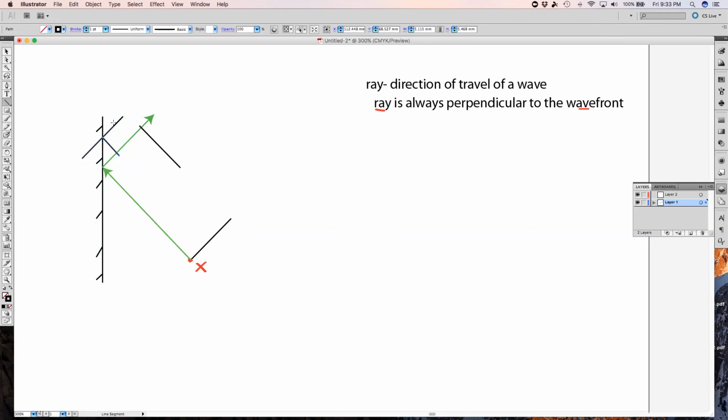It looks like a V. This part of it is still moving towards the wall, so it looks just like this, and this part of it has been reflected, so this part will be perpendicular to this ray. This part is still perpendicular to the incident ray. The reflected part is perpendicular to the reflected ray. So that's how we get to see what the wavefront looks like while it is being reflected.